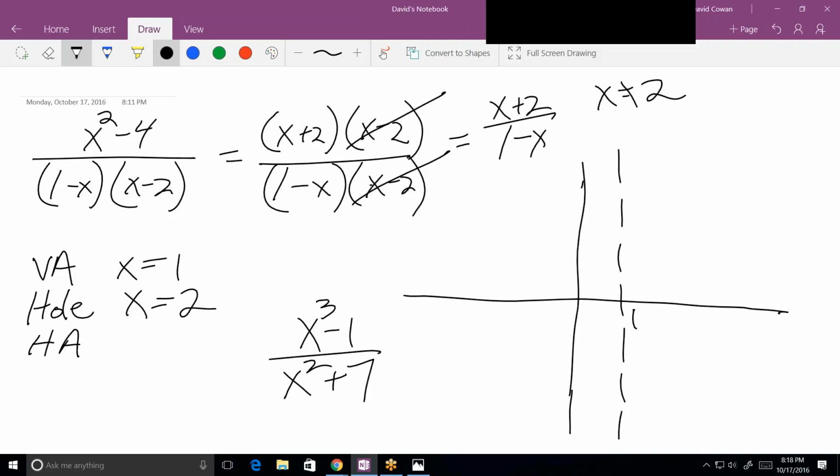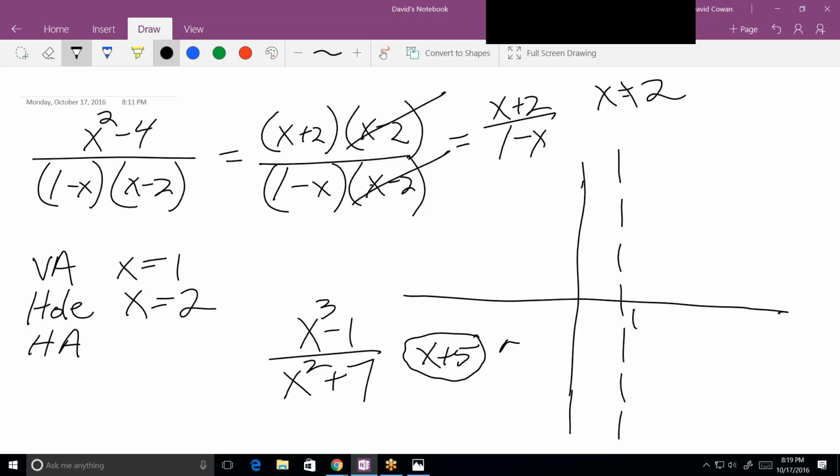Slant asymptote, you familiar with that? Oh, yeah. That's the next problem, actually. Right, and when I divide this by this, I'm going to get a linear term, something like x plus 5 with some remainder. Well, I don't care what the remainder is. The equation of the linear term is the equation of the slant asymptote.